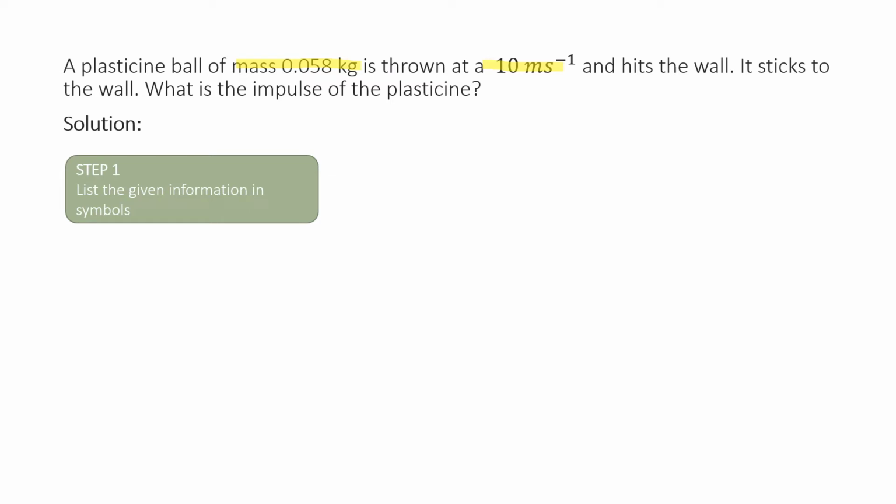As the plasticine ball sticks to the wall, it means the final velocity is equal to 0. So now we can list all the given information in symbols, which is mass m equal to 0.058 kg, the initial velocity u, which is 10 meter per second, and the final velocity v, which is 0 meter per second.